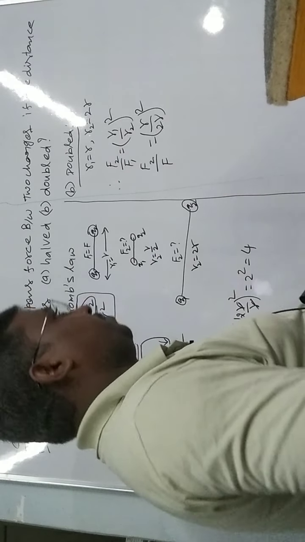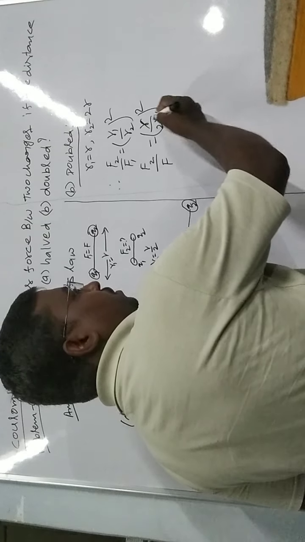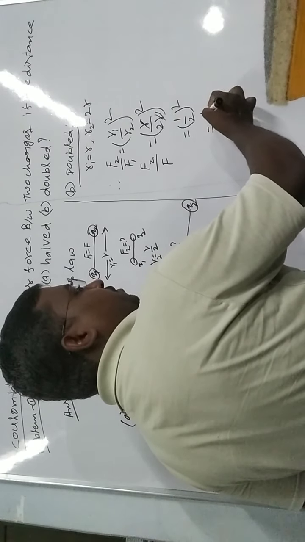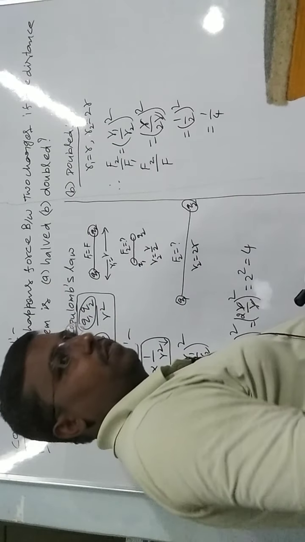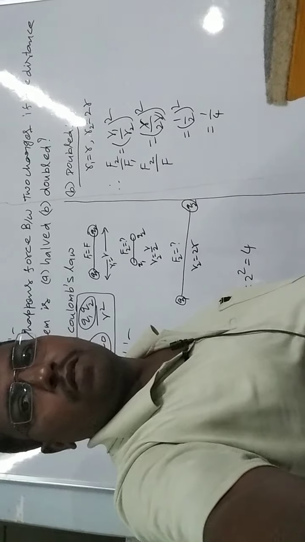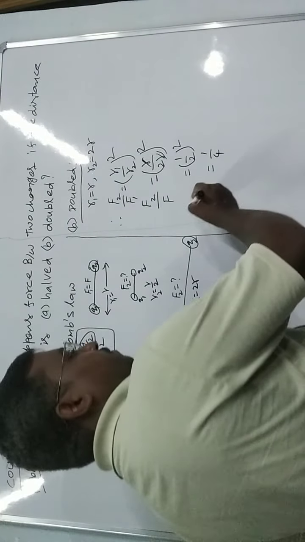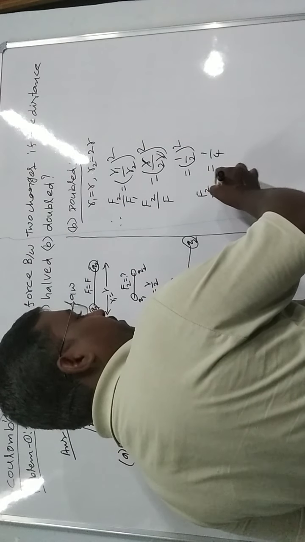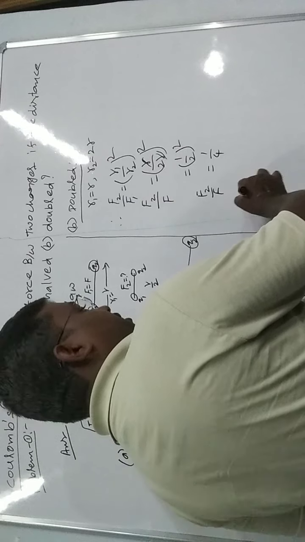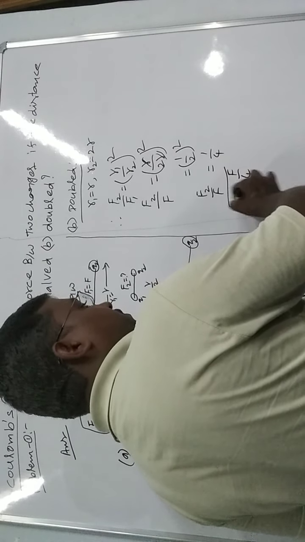So what happens? This R will be cancelled, which equals 1 by 2 whole square. 1 by 2 whole square means 1 by 4. So F2 by F value is 1 by 4. So we write F2 equals F by 4.